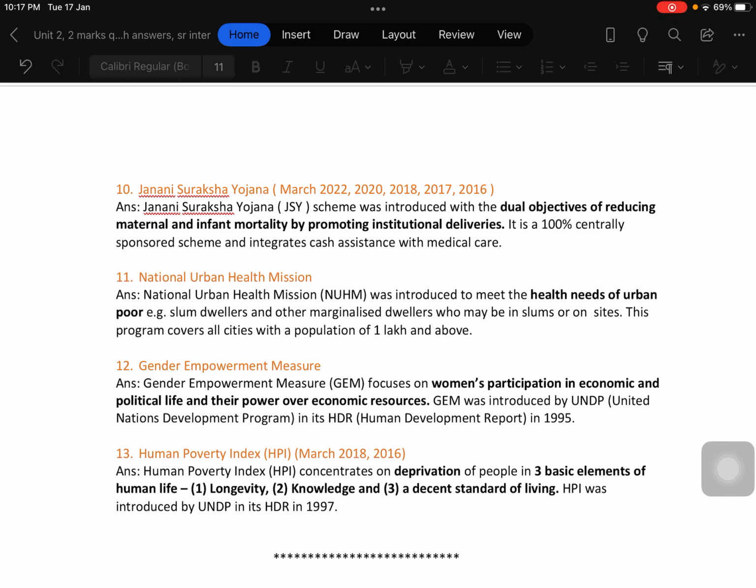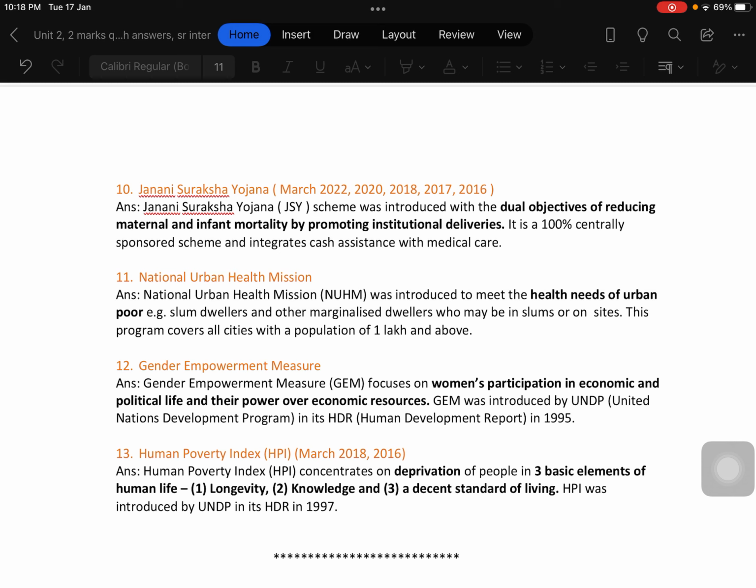That means how much percentage of women in a particular country are occupying very high positions in the form of CEOs, managers, chartered accountants, collectors, doctors, and how much percentage of women are there in the political field, ministers, MLAs, and what is the per capita income of women compared to the males in a particular country. So that is the power over economic resources.